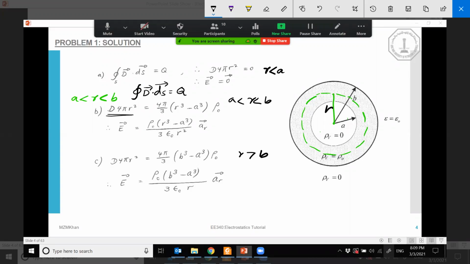If we are interested in this region, then we will put a Gauss's surface inside this region. And this r is a variable, and this r can take value anywhere between a and b. Got it?